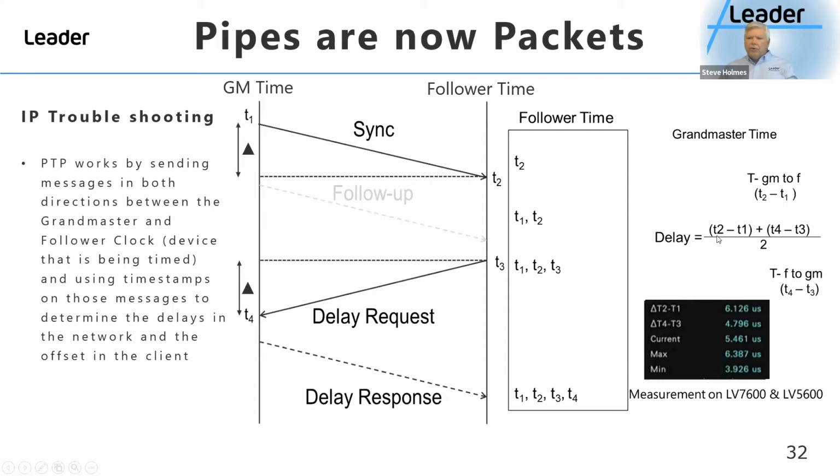So if we subtract the T2 time from the T1 time and then subtract the T4 time from the T3 time, add those two together, and divide by 2, we have an average of what the video latency is, and we can subtract that latency and have an average value of what the network is actually doing here.